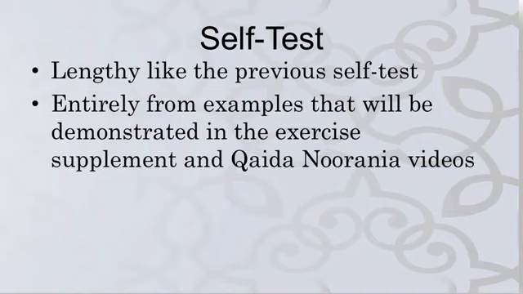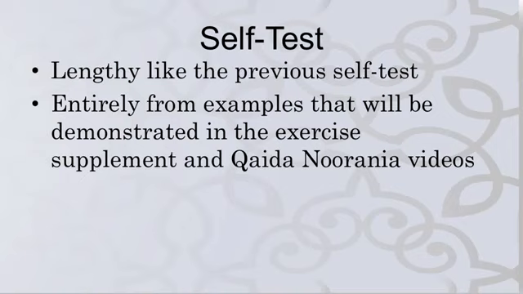Okay, the self-test is going to be a lengthy one because this is another critical juncture. It's going to be slightly lengthier than usual. I just prepared it. I think it's 132 points. Lots of examples, lots of demonstrations you have to do in order to get the whole points.